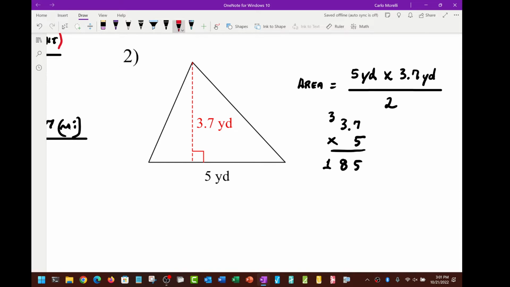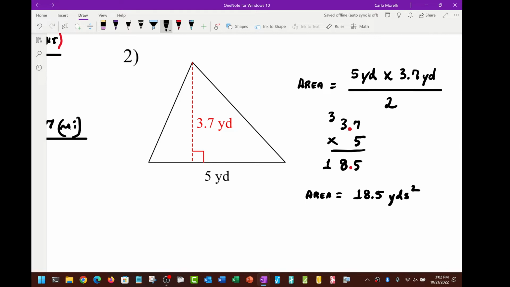But we have this decimal that would need to go there. So 18.5 yards squared. So we'll say the area equals 18.5 yards squared.